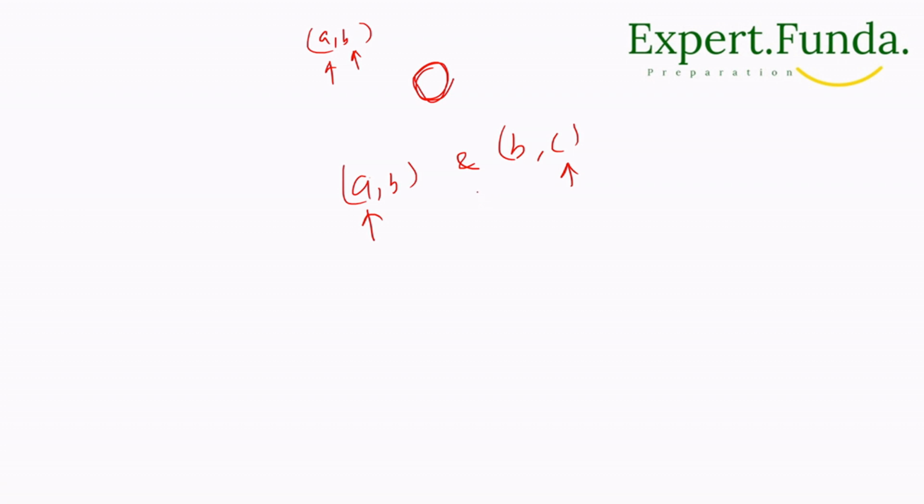Although we don't have the pair AC, in this, if you see, we don't have AC, but we can do that. We can swap it. Although we don't have the pair A and C, we can still swap them by first swapping them with the character at index B, right?